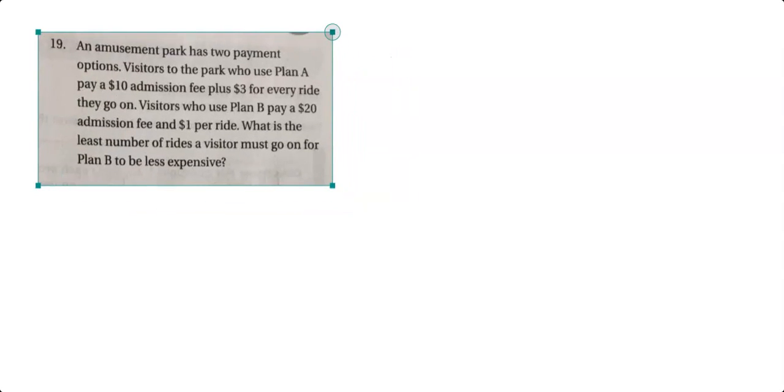Okay, so we have an amusement park with two payment options. Visitors to the park who use Plan A pay a $10 admission fee. Plan A cost is going to be $10 plus $3 for every ride. Let's use X for the number of rides.